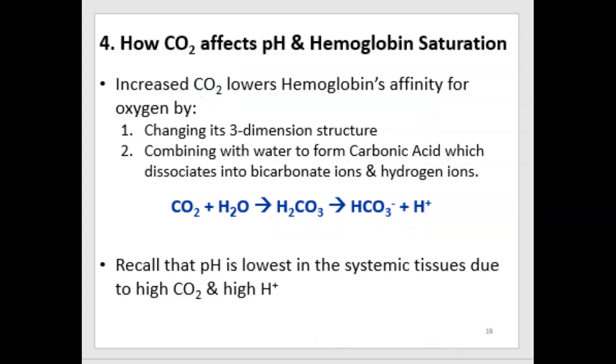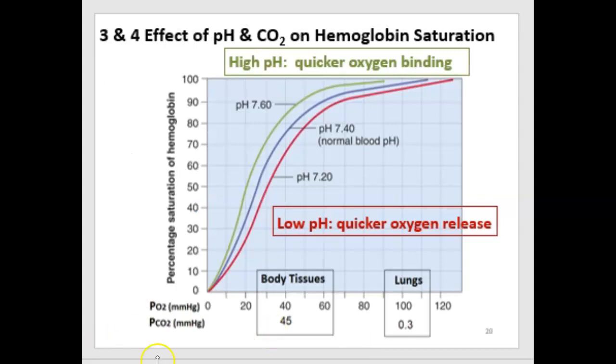So recall that in the systemic tissues, you're producing hydrogen ions and you're producing CO2. You're doing both. So pH is the lowest in systemic tissues for both of those reasons. So if we look at a hemoglobin saturation curve, we can see the effects of pH and carbon dioxide on hemoglobin saturation.